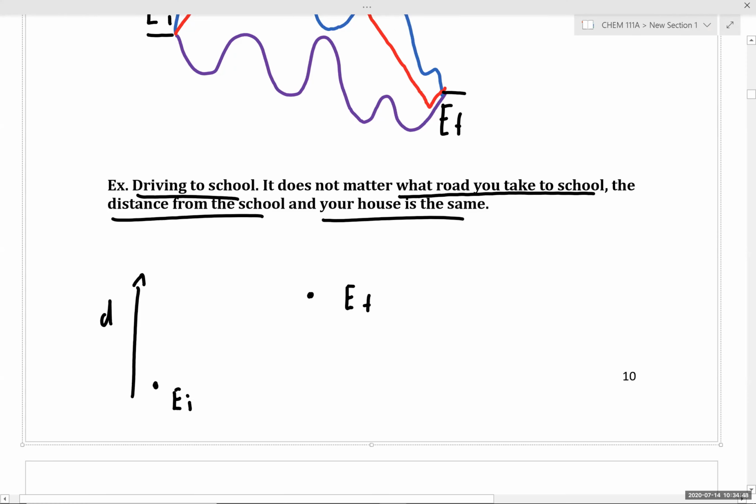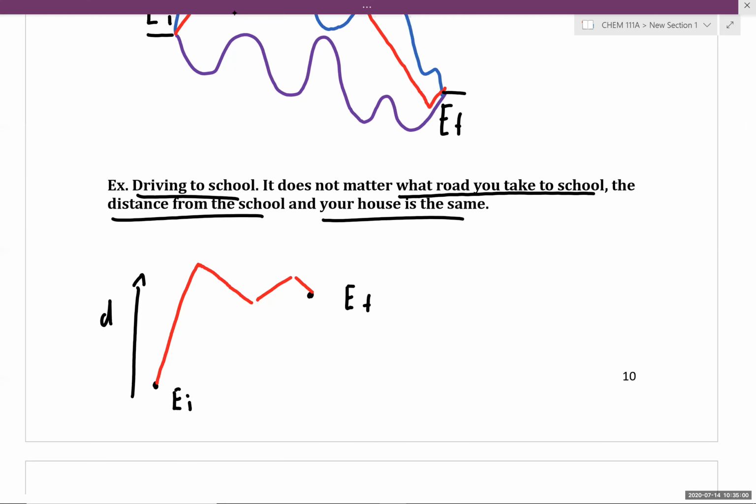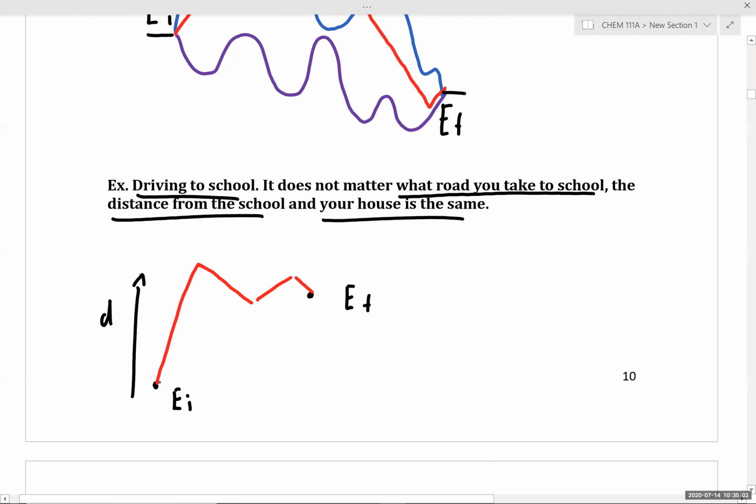It doesn't matter if you take a weird route where you go away from the school, then you go a little bit closer down a street, and you go through a series of turns, or if you take the freeway. Doesn't matter what path you take.